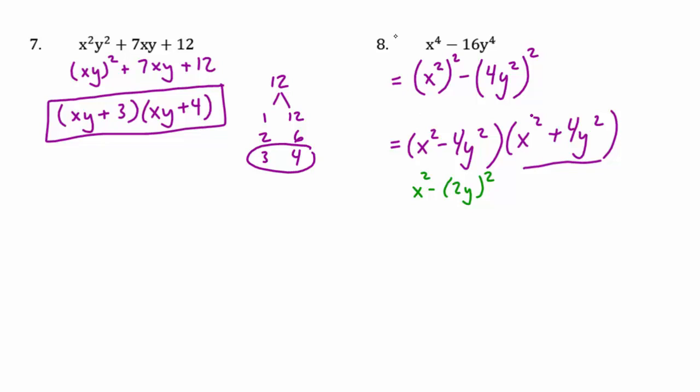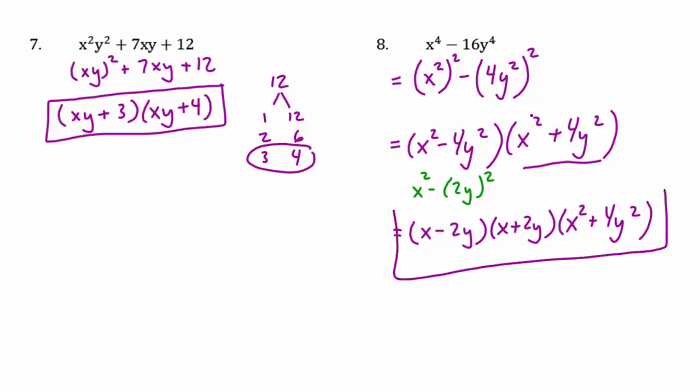So here we do have a difference of squares. So for my answer to this, we'll have x minus 2y times x plus 2y. And I can bring down this x squared plus 4y squared. And that right there is my final answer.